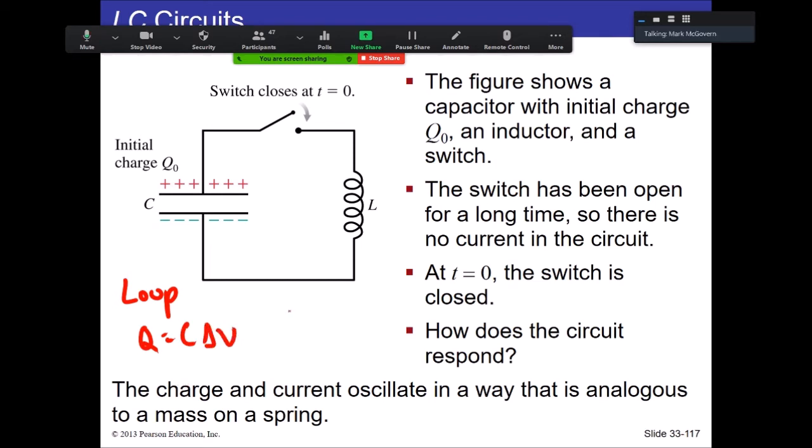Q equals C delta V, and the inductor, right, is delta V. I'll put a little C here for the capacitor, little V here for the inductor, minus L di/dt. Now, the idea is that you add up these potential differences, you get 0.